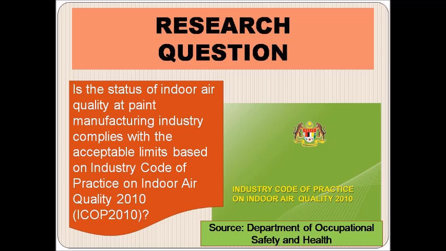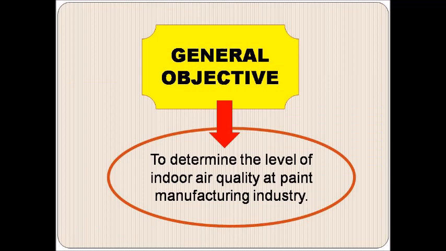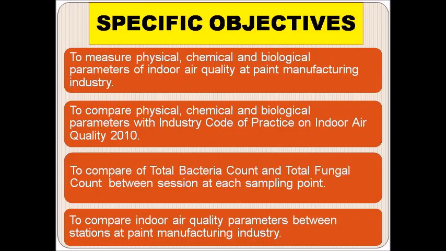General objective. To determine the level of indoor air quality at the paint manufacturing industry. There are 4 specific objectives. First, to measure physical, chemical and biological parameters of indoor air quality at the paint manufacturing industry. Second, to compare physical, chemical and biological parameters with the Industry Code of Practice on Indoor Air Quality 2010.